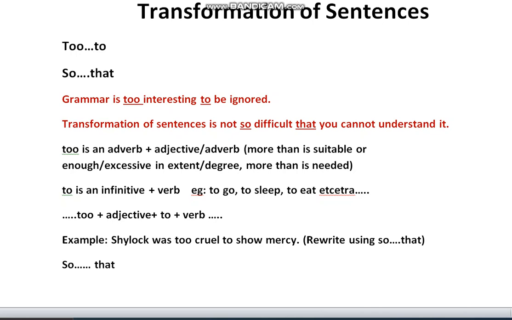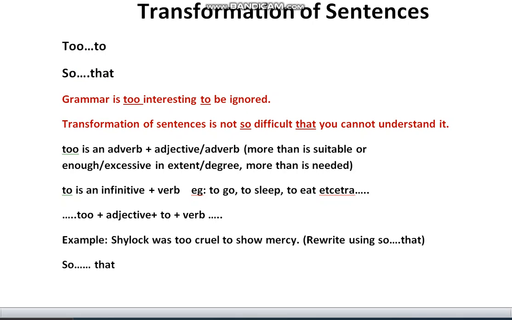Similarly, here, if you're writing a "too...to" sentence, you have to use this pair. If you're writing a sentence with "so that", you have to use both these words. So, the second rule is that in a "so that" sentence, the first clause should have "so" and the second clause should have "that". Now we move on to the third rule.